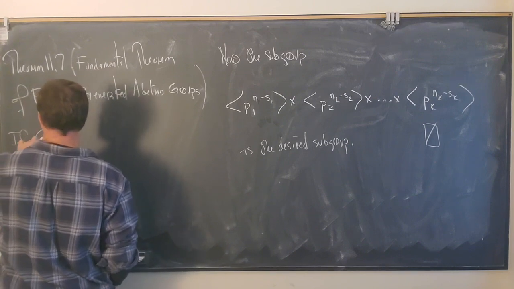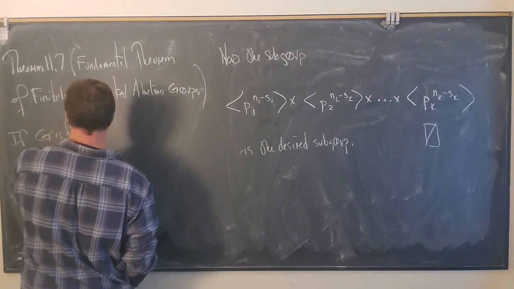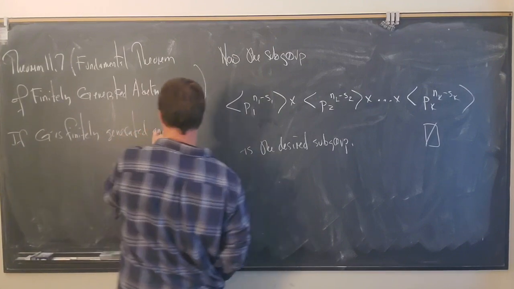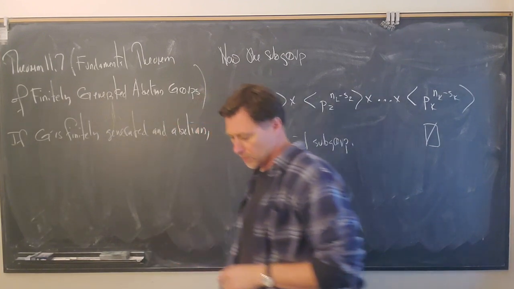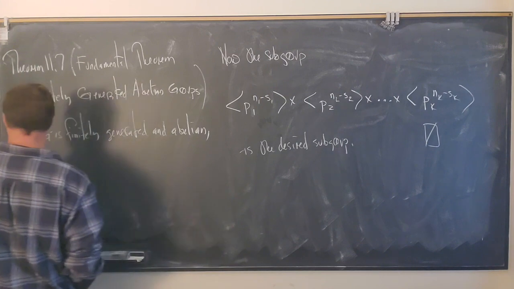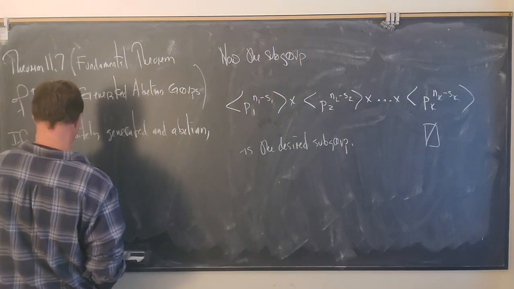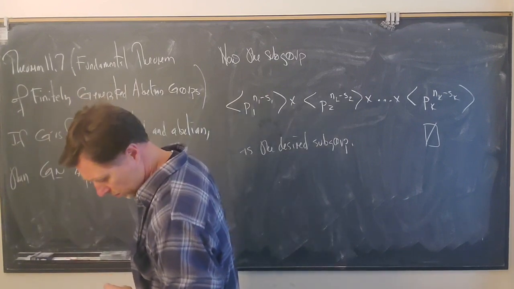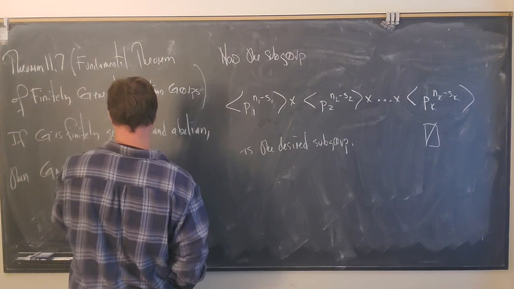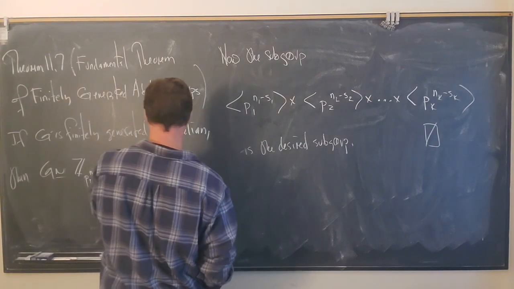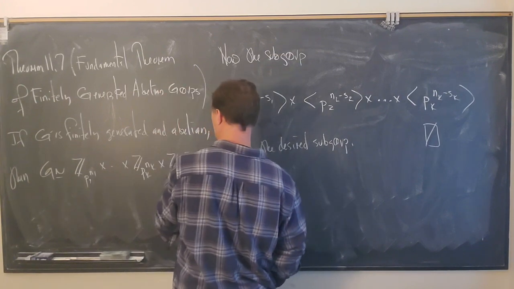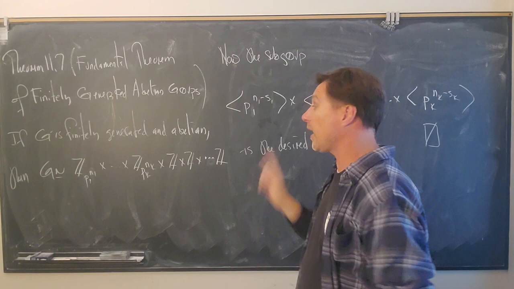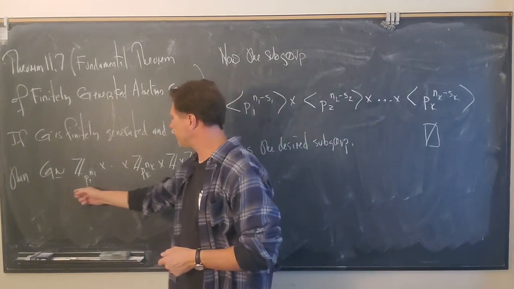If G is finitely generated and abelian, then G is isomorphic to Z_{p1^n1} cross dot dot dot cross Z_{pk^nk} cross Z cross Z cross dot dot dot cross Z. So if you have a finitely generated abelian group, which means it could actually be infinite, then you can think of it as a finite part and an infinite part.